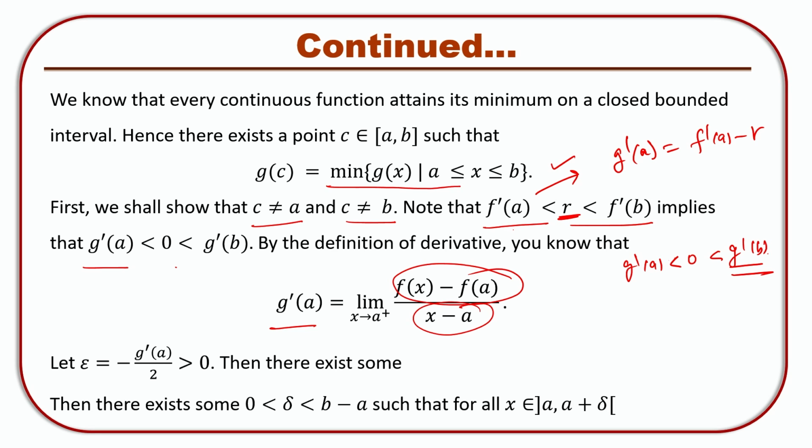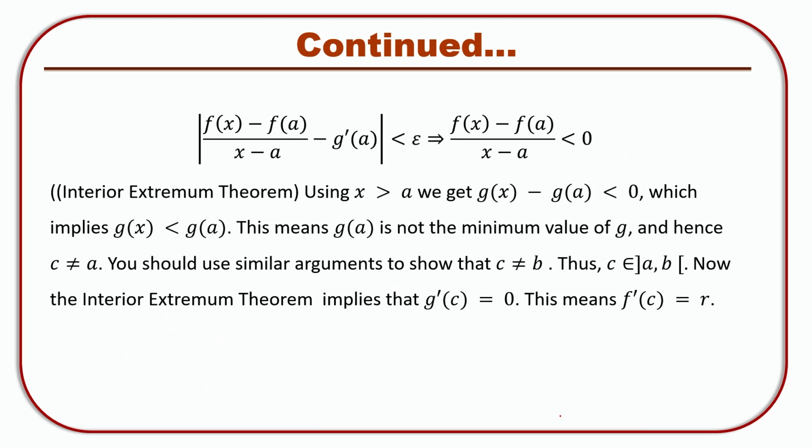So taking epsilon as minus g'(a) by 2, which is greater than 0, since g'(a) is less than 0, there exists some delta, less than b minus a, such that for every x in (a, a plus delta), we have (g(x) minus g(a)) by (x minus a) minus g'(a) is less than epsilon, and that means this is less than 0. Since x is greater than a, we get g(x) minus g(a) is less than 0, which implies g(x) is less than g(a).